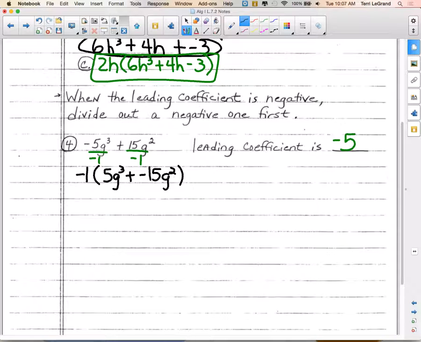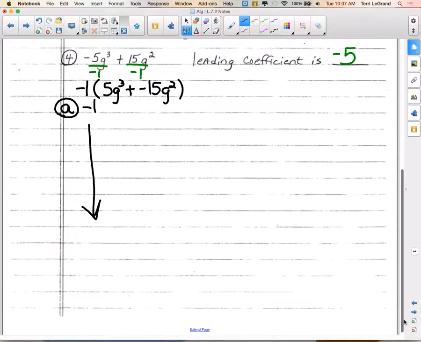Okay, now we are going to do our step A, which says, first of all, this negative 1 is going to become part of this process eventually, but just narrow it down for right now. We're going to let it just hang there. And we're going to take our 5g cubed.